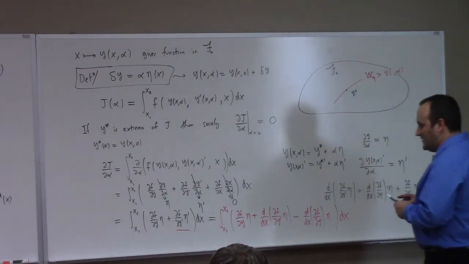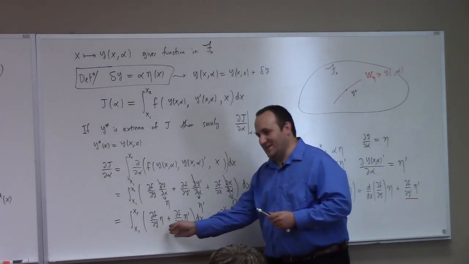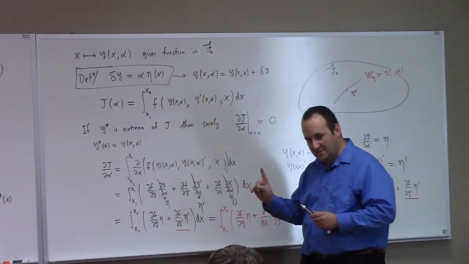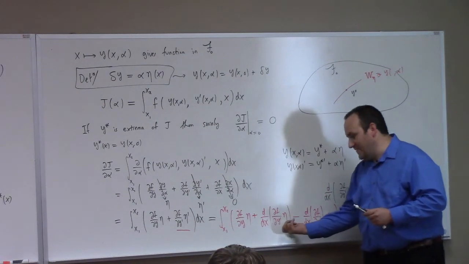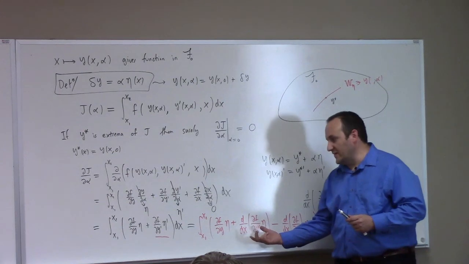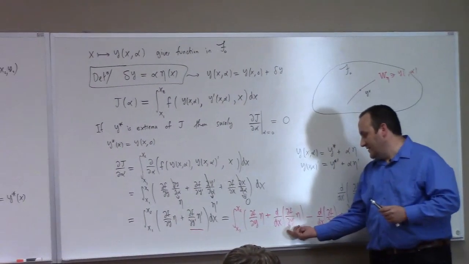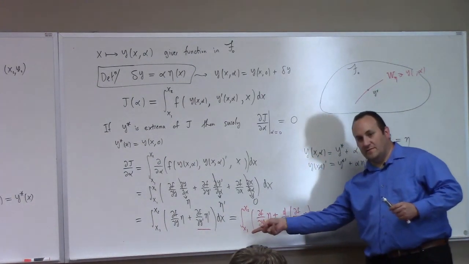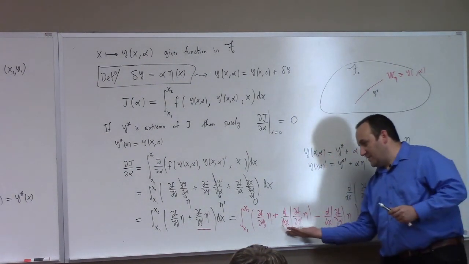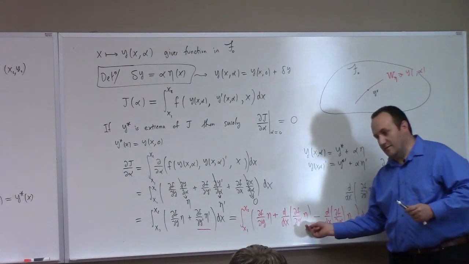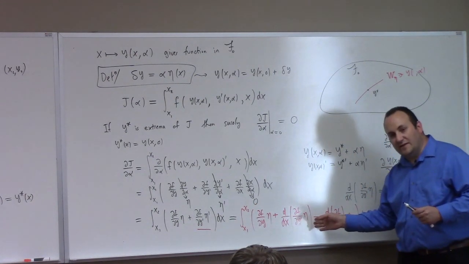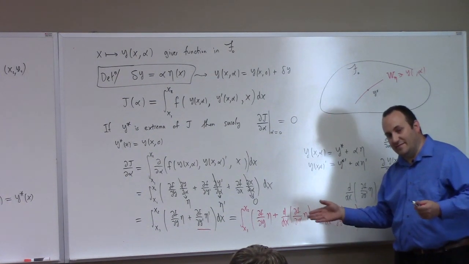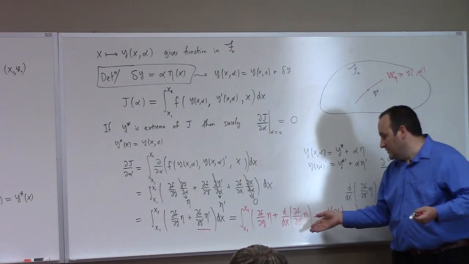Integration by parts allows you to move derivatives from one term to another, provided that the UV piece vanishes. We're integrating this thing from x1 to x2. What happens to this term under this integration? We get something times eta of x2 minus partial f, partial y prime at x1, eta of x1.